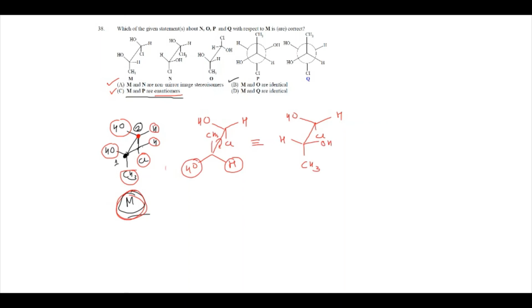Yes, now let us check. Are M and Q identical? We can see that carbon 2 of M and Q are identical, but what about carbon 1? No, carbon 1 is not identical, so it's different. So option D is not correct.